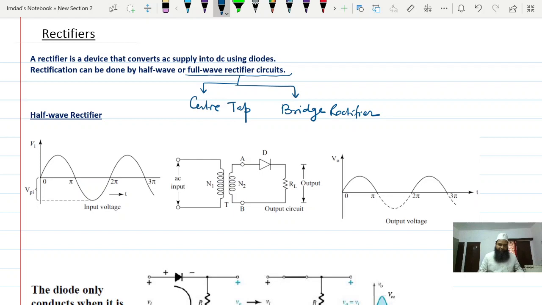This is the circuit of a half-wave rectifier, where it consists of one transformer having N1 and N2 turns, a diode D and a load resistance RL. This transformer is used for stepping down the supply voltage.